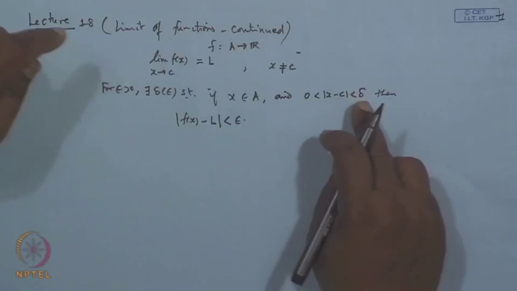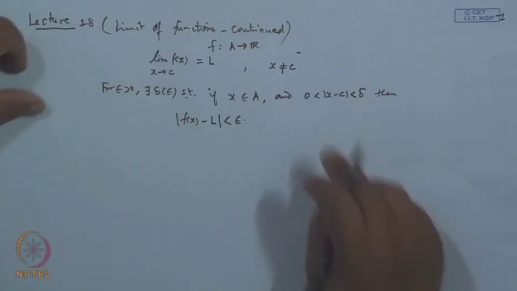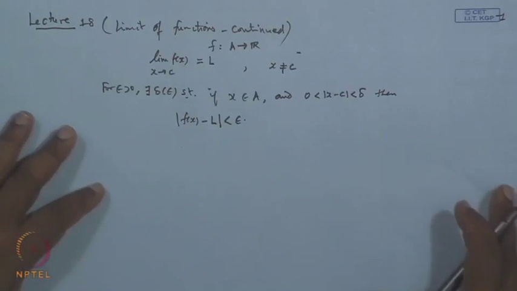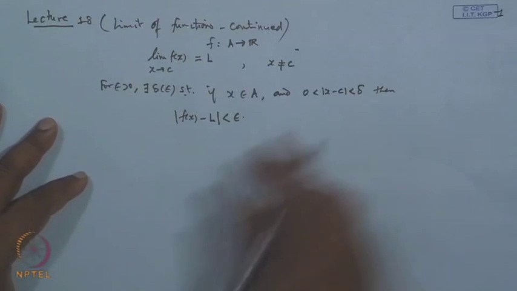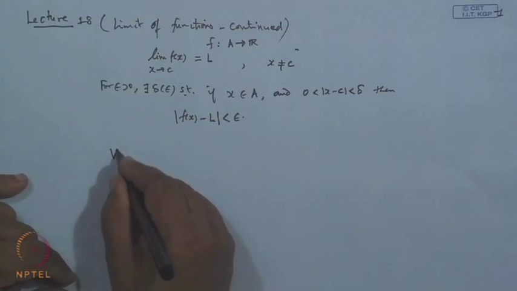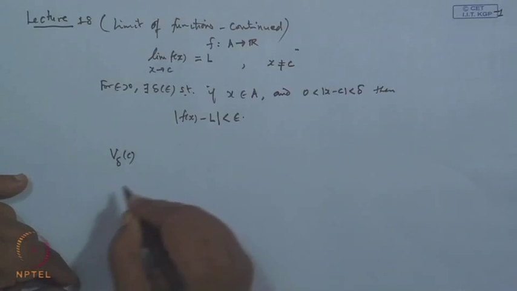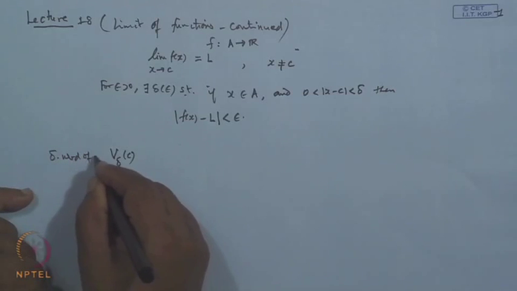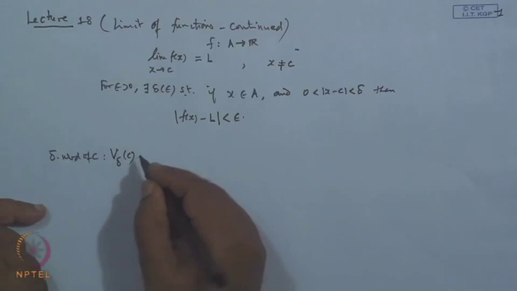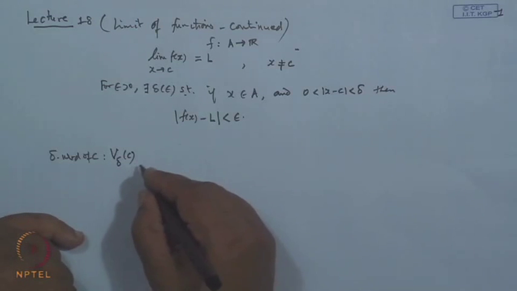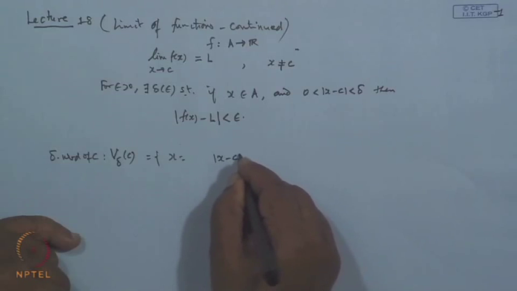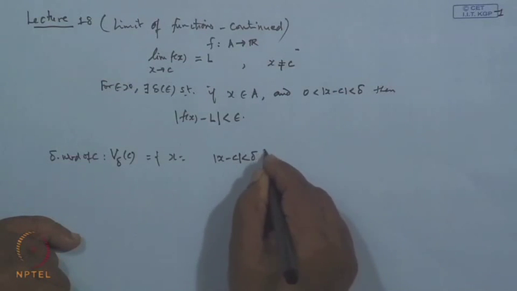Now, if we look at this definition, it can be easily converted into the form of neighborhoods, because what is this? The delta neighborhood of c is nothing but the set of those points x such that |x minus c| is less than delta.